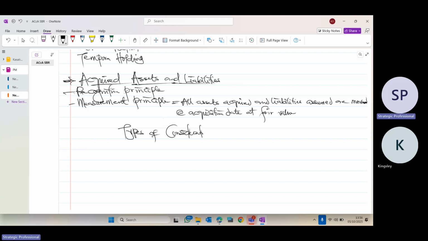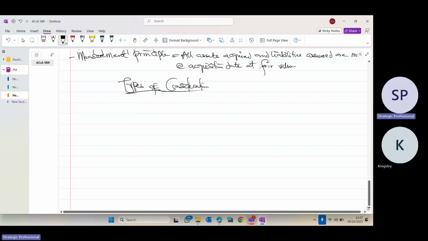Basically, by the nature of the ACCA exam, types of consideration, which is known as cost of investment, are actually categorized into three.